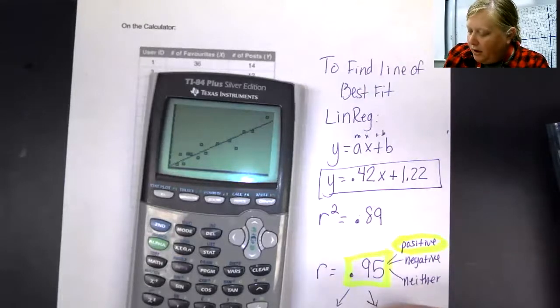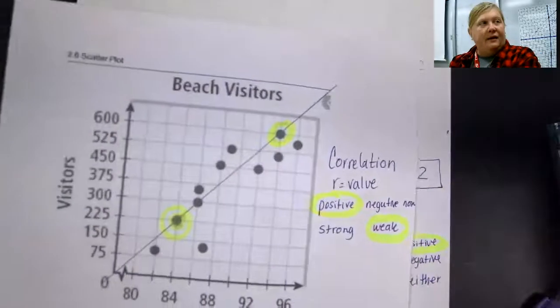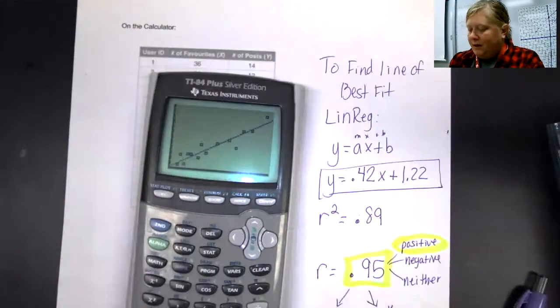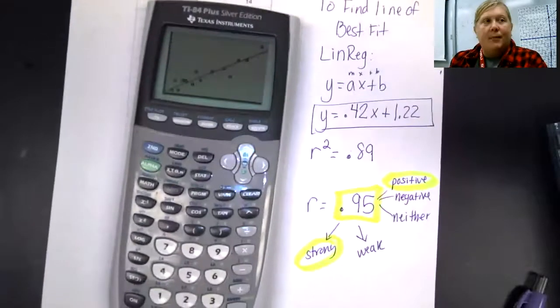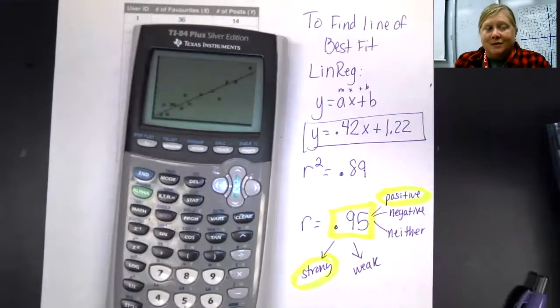Is this pretty good? Or is this weak? Is it spread apart like our graph here? No, this is pretty good. 0.95 is pretty good. So your calculator calculated a strong positive correlation. It looks like there's a strong positive correlation between the number of favorites that you have and the number of posts that you have.